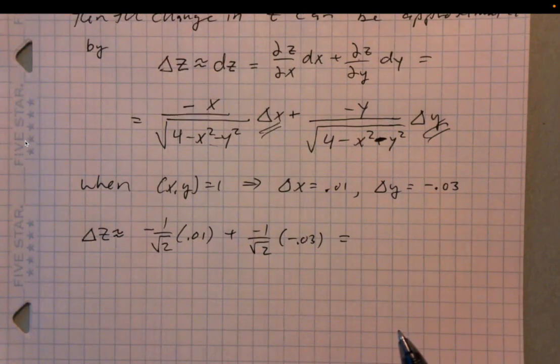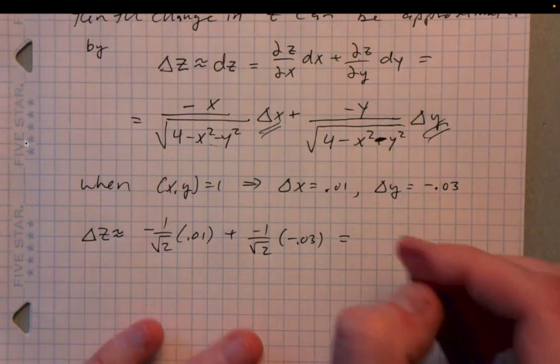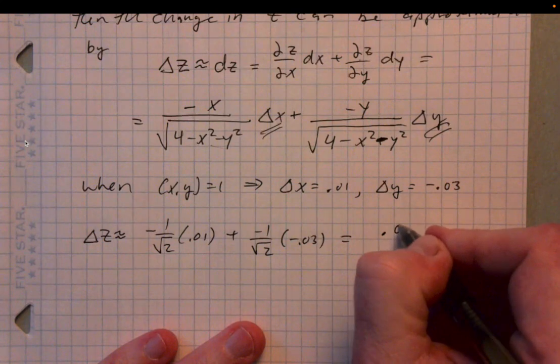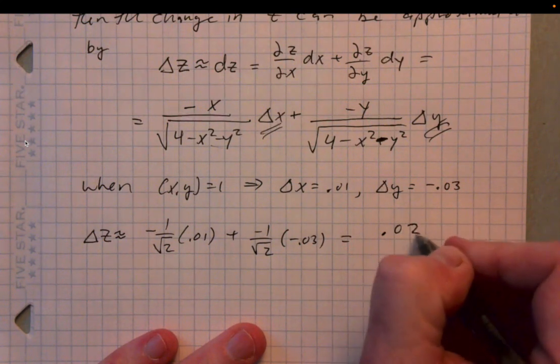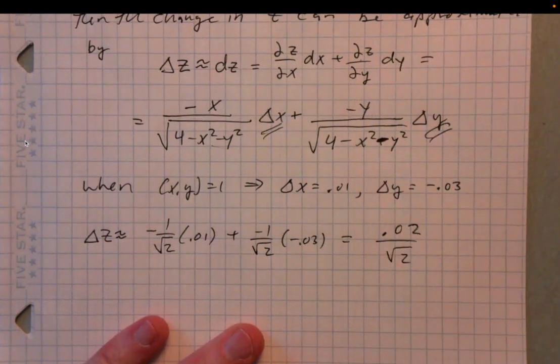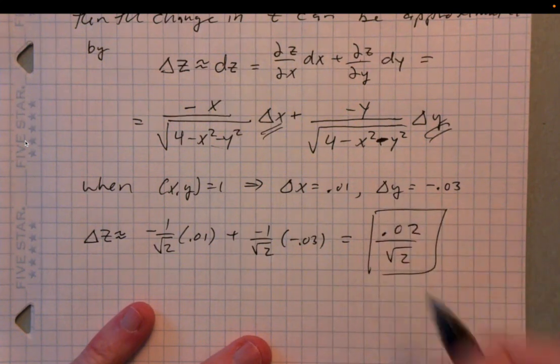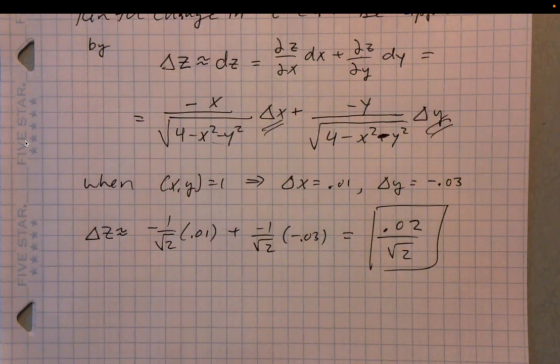Adding all of this together, you get 0.02 over the square root of 2. So that's some really small number.